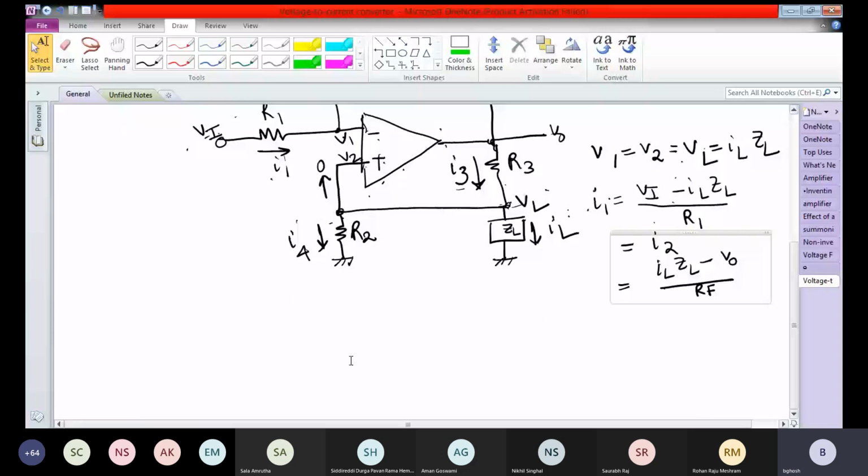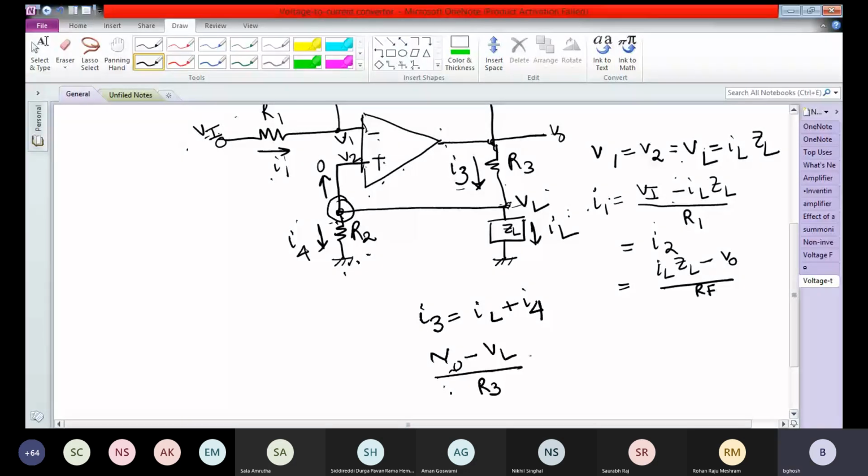And if we sum up the currents at this terminal, we have I3 equal to IL plus I4. So (V0 minus VL) by R3, and VL is ILZL, we can replace this by ILZL.